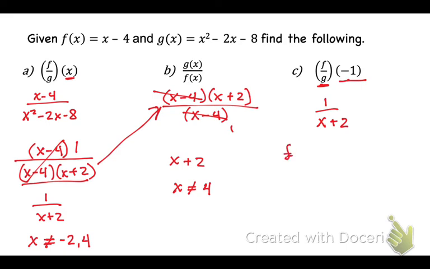So now f divided by g of negative 1 would be 1 over negative 1 plus 2. So that would just be 1. Good?